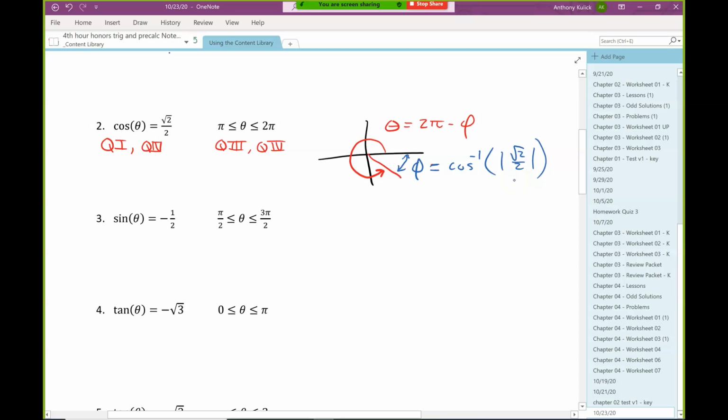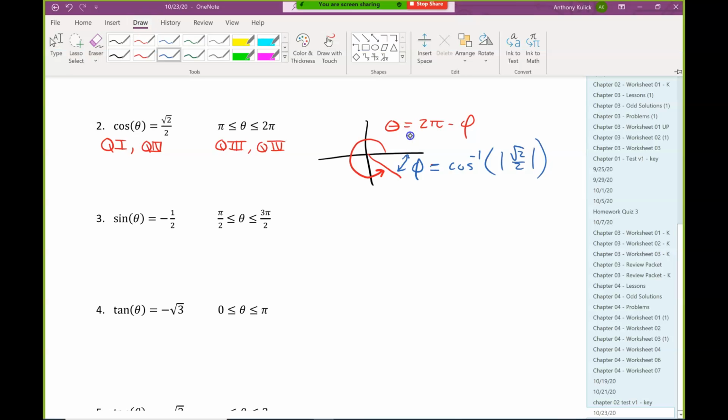That's why the absolute values are going to be there. Because that angle phi in the first quadrant is going to be the same as the size of that angle there, right? Since it'll always be a positive number, that's all I care about. I always want that acute angle.